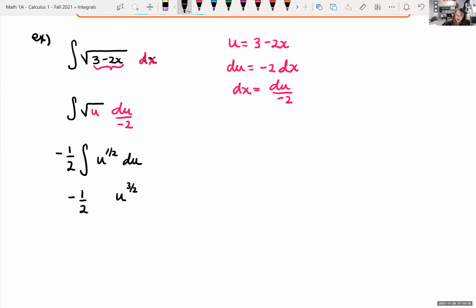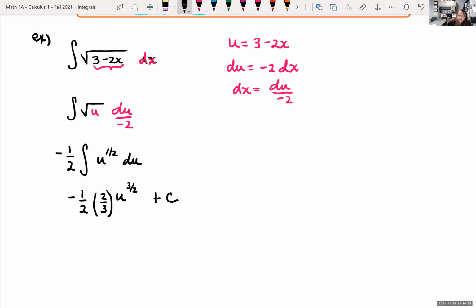We're dividing by our new exponent. When I divide by a fraction, I like to think of it as multiplying by the reciprocal, which is 2/3. And then we have to add our c value. So we're almost done.